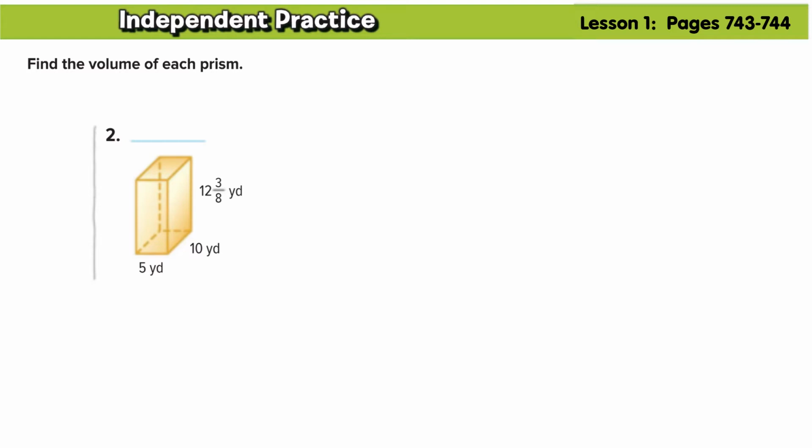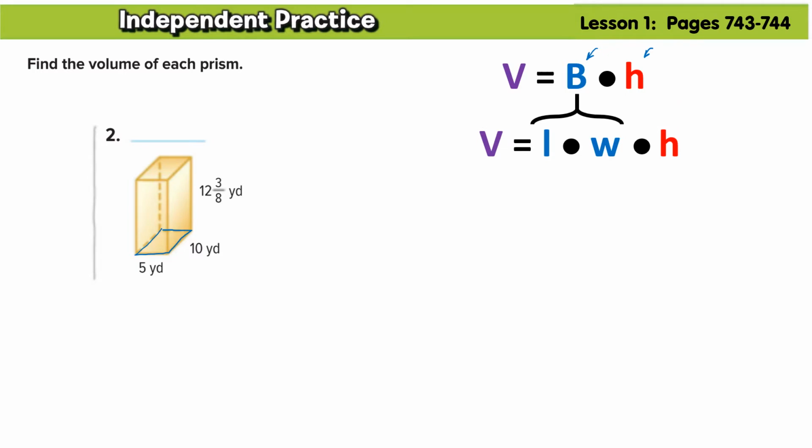Question number 2, we're finding the volume of a rectangular prism. The formula is volume equals area of the base times the height. Our base is a rectangle, so we're going to use the formula for the area of a rectangle, which is length times width. So volume is going to equal length times width times height.